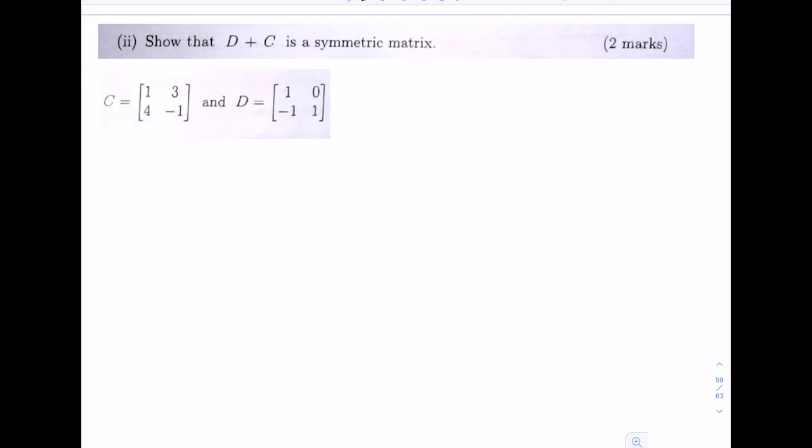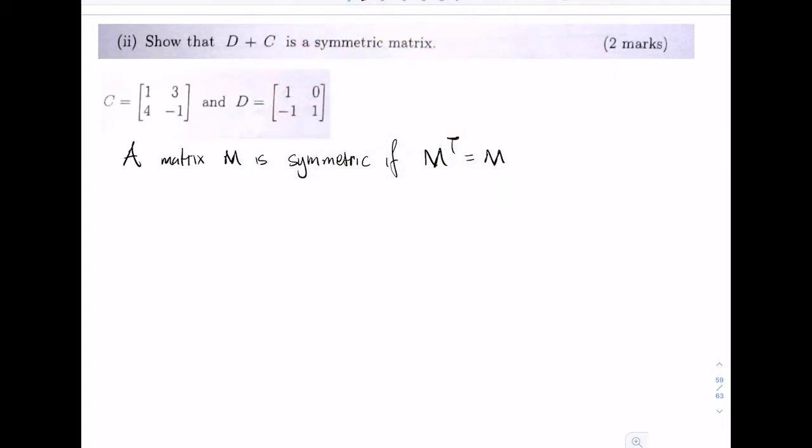Now let's recall the definition of a symmetric matrix, right? A matrix M is symmetric if M transpose is also equal to M, right?